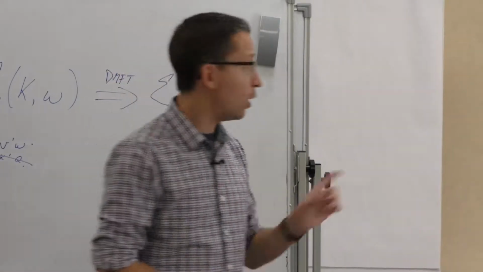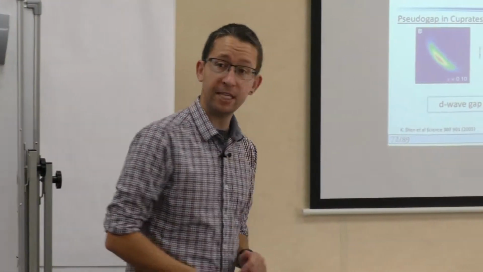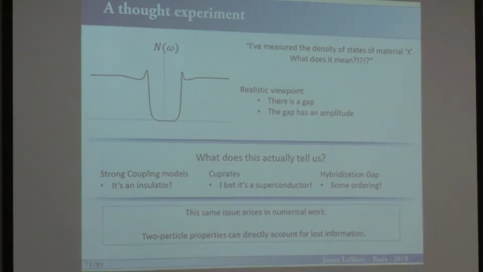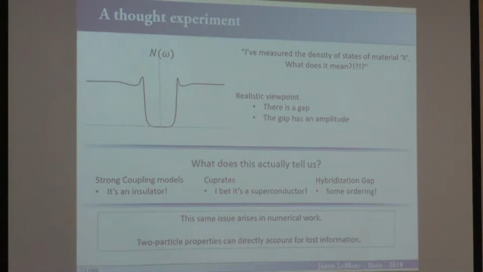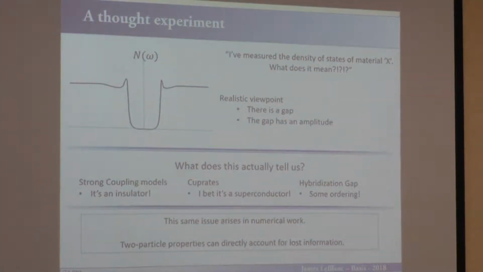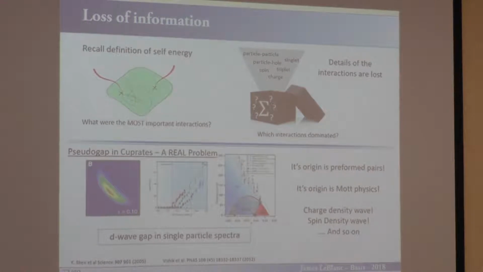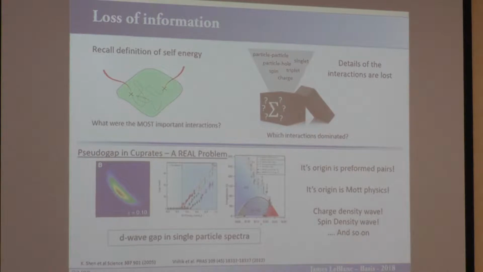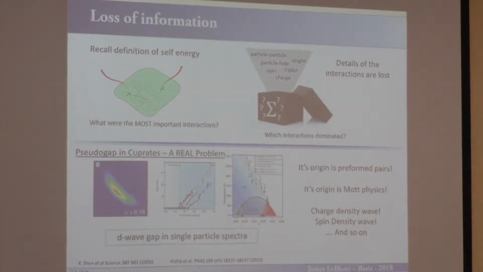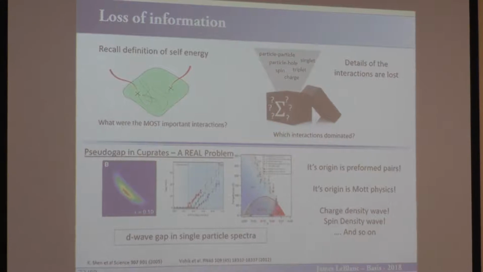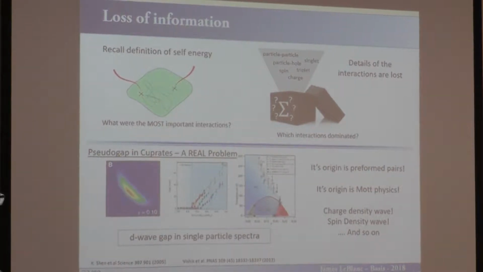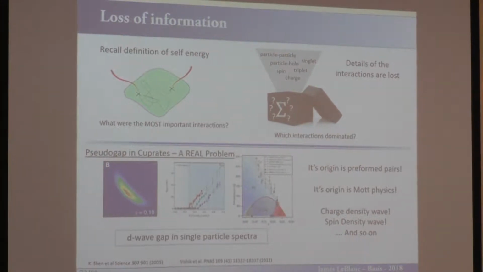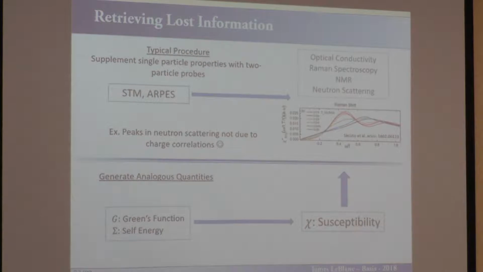Okay? And all of those produce densities of states. And all of those densities of states have little gaps. Okay? But it is completely impossible to distinguish which one is at play in a cuprate material. Okay? So we don't really have the ability to solve a cuprate problem, but we have the ability to try and address this within a Hubbard model, for example. Okay? The Hubbard model we already know it shows pseudogap phases, so we can try and extract some of that information, and our hope is that we can extract that from two-particle information.